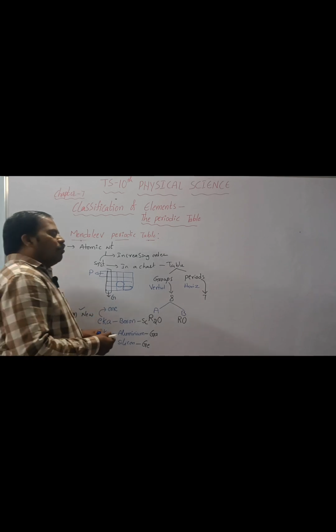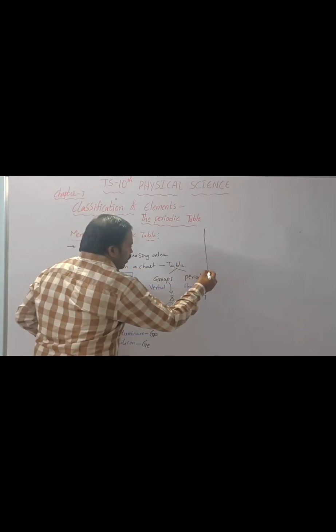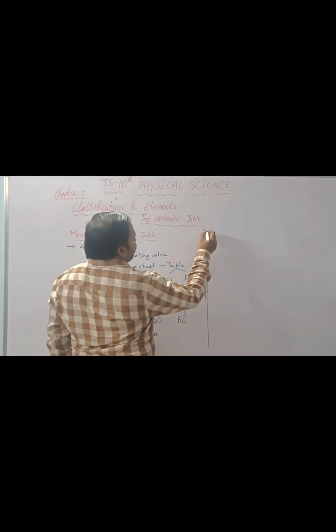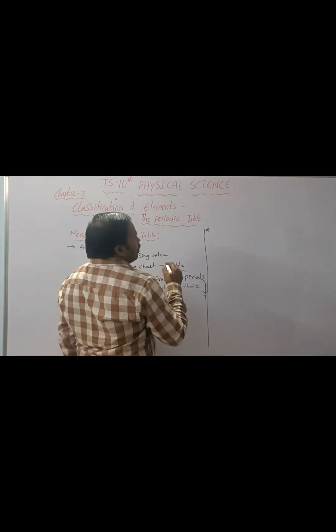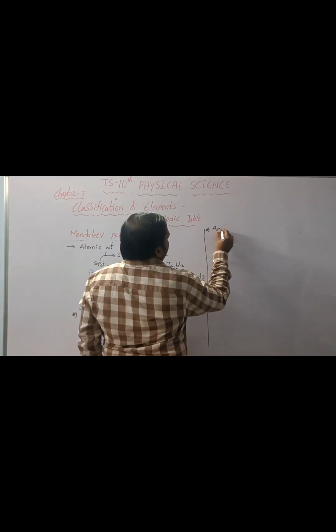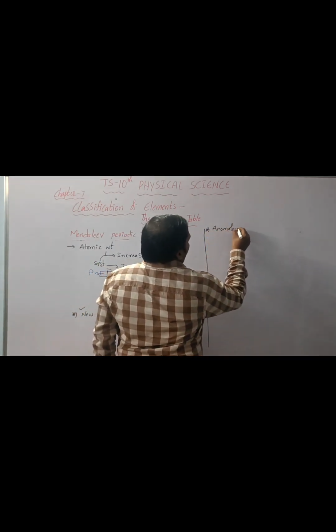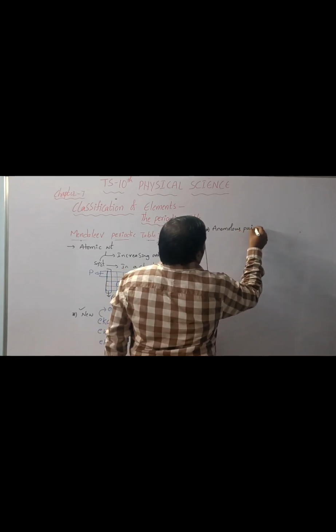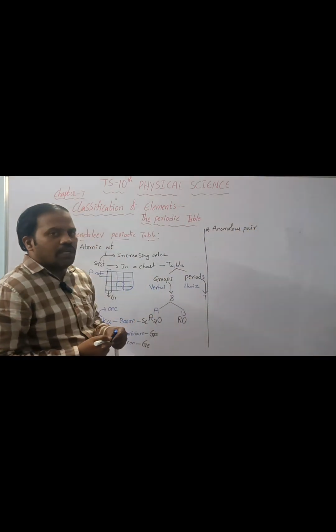And by this arrangement in the table, he made another spectacular observation: the anomalous pair. So what is the definition, or what is the meaning?